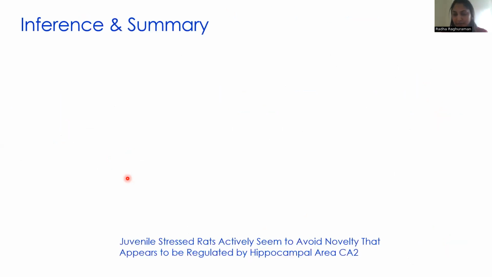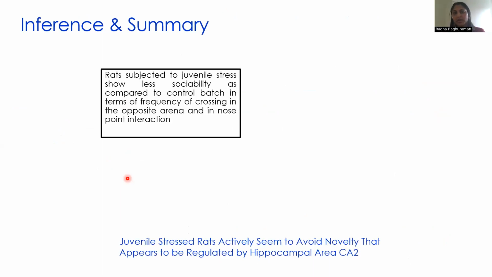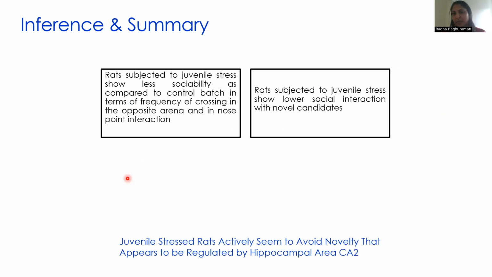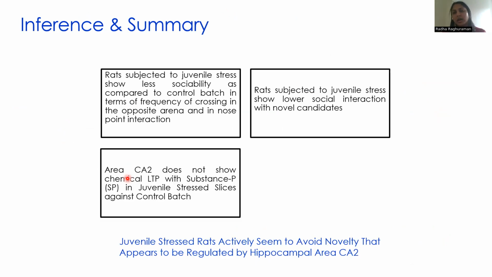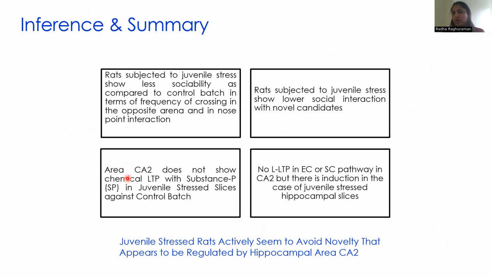So yeah, I want to leave you with the summary that the rats subjected to juvenile stress resist LTP in the CA2 region, both in the entorhinal cortical synapses and Schaffer collateral synapses. And substance P does not seem to induce any LTP.